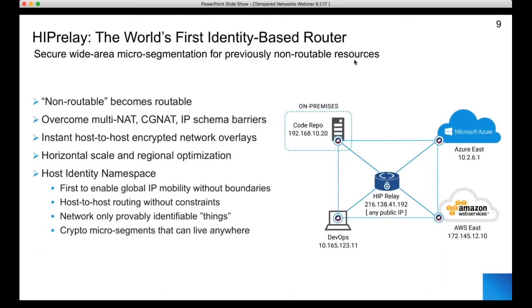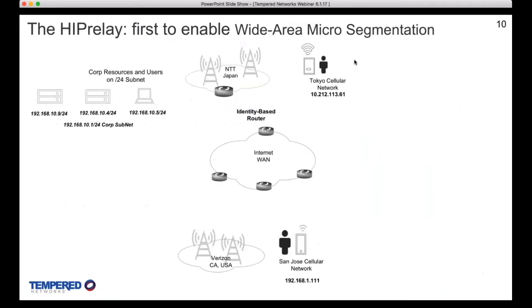It is secure wide area microsegmentation. And I'll show you how simple it is to implement. But first, I'm going to explain a little bit of the magic behind the HIP relay and identity-based routing.